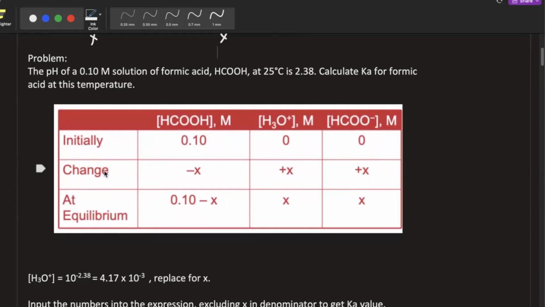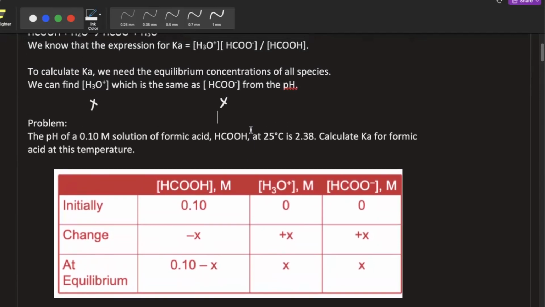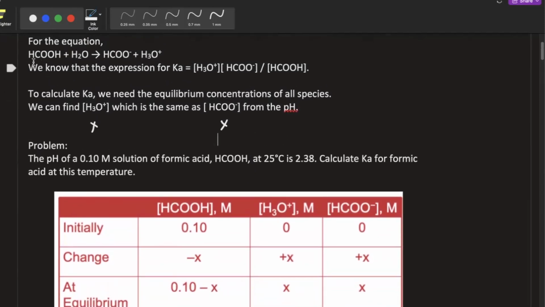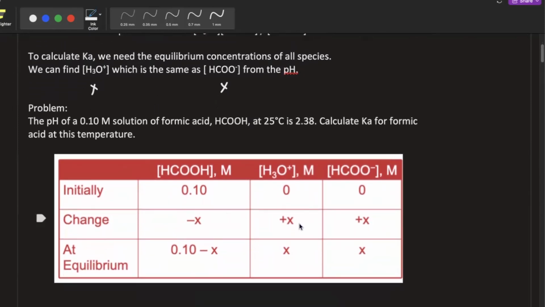Next, we can deduce the change boxes by looking at the stoichiometry. Up here, for 1 mole of HCOOH we lose, to gain 1 mole of HCOO negative and 1 mole of H3O plus. So we write that here. Next, at equilibrium, we combine these two boxes.